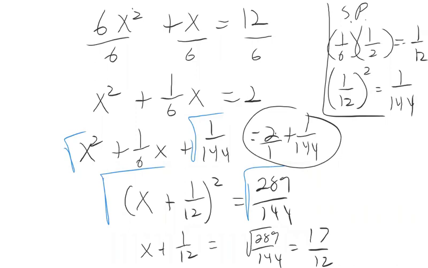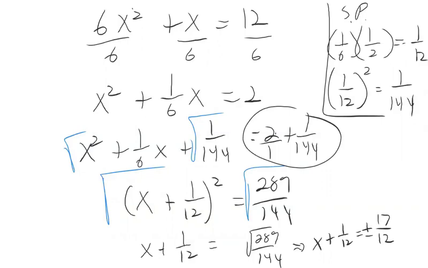I'm going to run out of room. I have finally x plus 1/12 equals plus or minus. I'm still running out of room. I need a bigger whiteboard or to write smaller, one of the two. x plus 1/12 equals, and the square root of 289 over 144 was again 17 over 12, plus or minus 17 over 12.